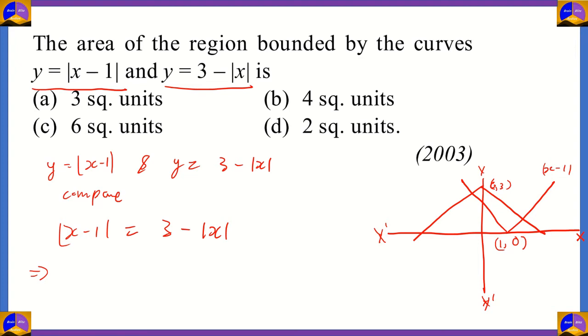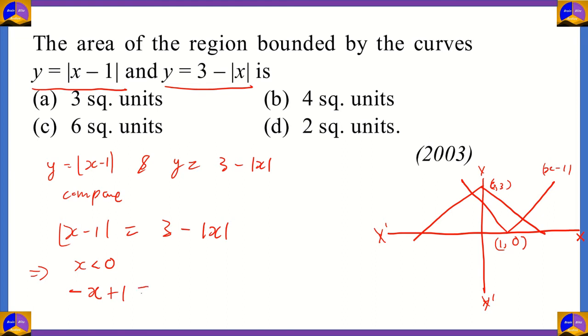In the first case, x is less than 0. When x is less than 0, the modulus value will be negative. So minus x, since x is negative here, and minus 1 is present inside the modulus, so it gets converted to plus 1 due to multiplication by minus.